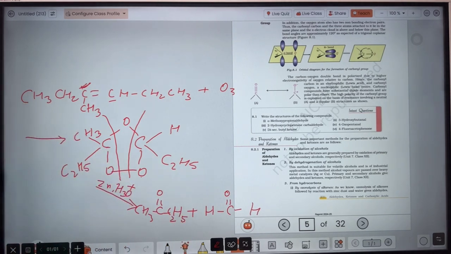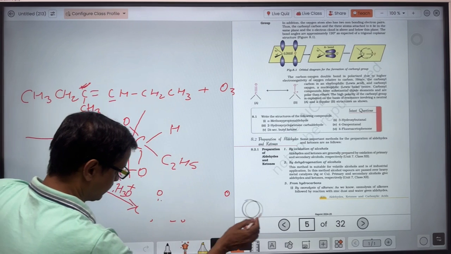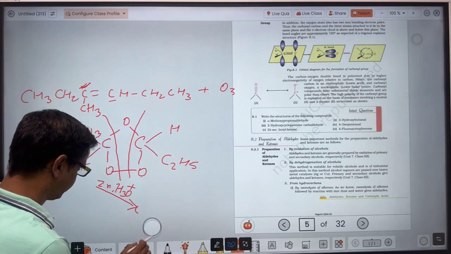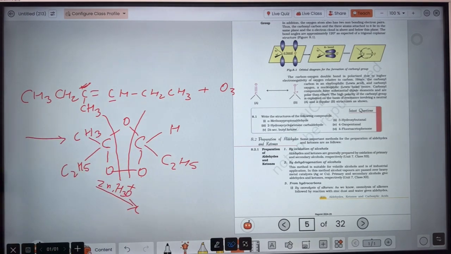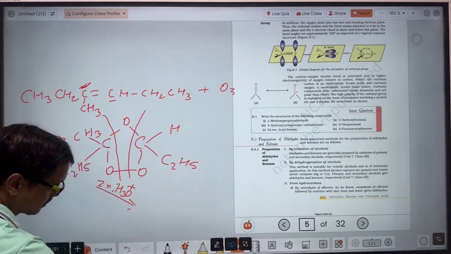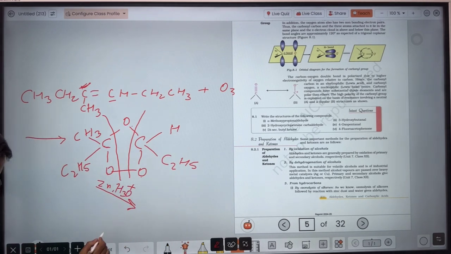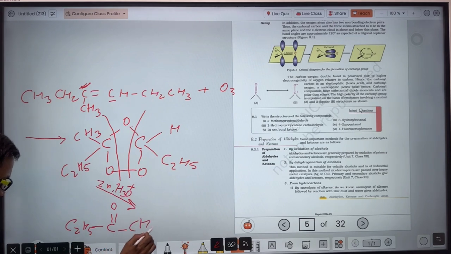Let's see again. When there is cleavage here, this oxygen will be bonded to this carbon, and that will be bonded to this carbon. So here carbon, double bond oxygen, one side there is ethyl and another side is methyl.